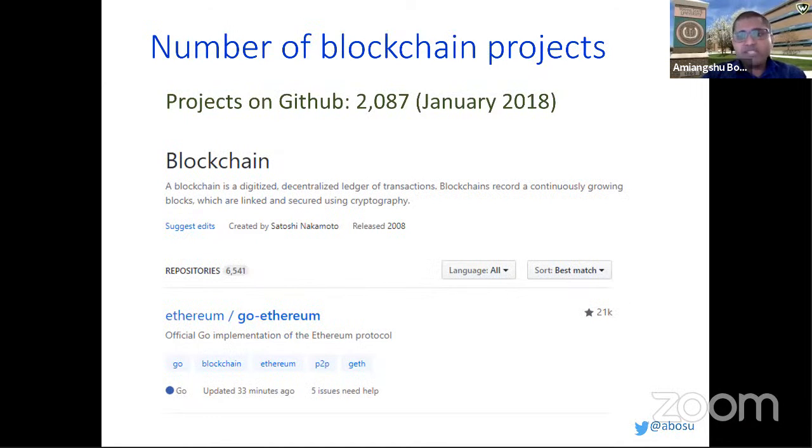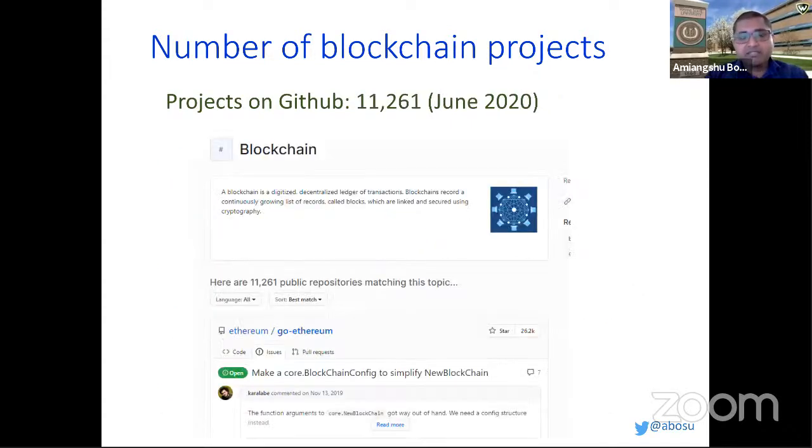Due to the promise shown by blockchain, the number of blockchain projects on GitHub has been increasing rapidly. For example, in January 2018, when we conducted this study, the number of blockchain projects in GitHub was 2,000. Now, 18 months later, when I was preparing this presentation, that number has increased more than 5 times.